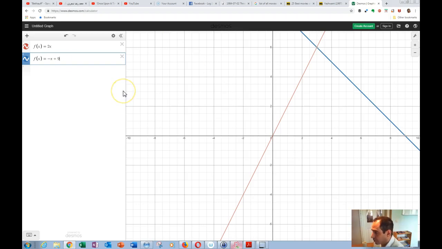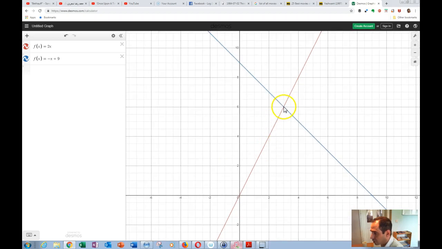And you see that you have another straight line over here. There's a point over here where the two lines intersect, and the coordinates of this point are 3, 6. That means that your x is equal to 3 and your y is equal to 6.